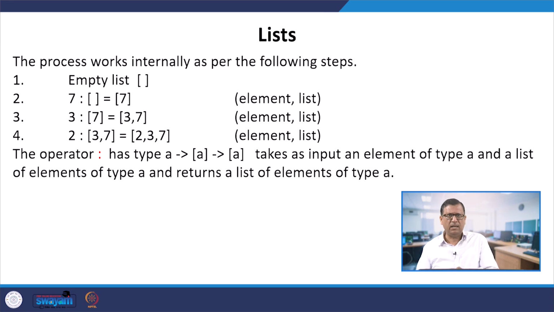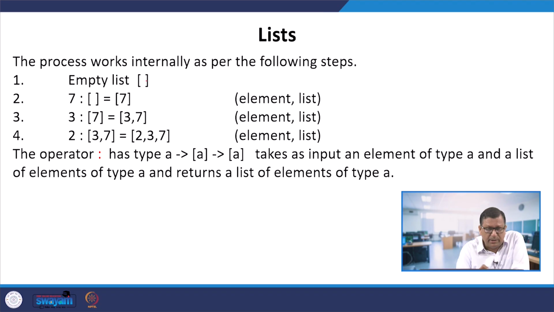So this is exactly how a list is constructed internally. First we start with an empty list. Then 7 and empty will be combined to get a one-element list. Then 3 and 7 will be combined to get 3, 7. Then finally 2 colon 3, 7 will give us 2, 3, 7.